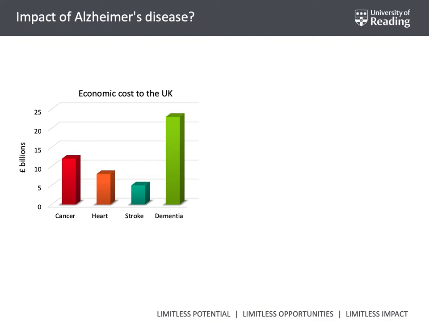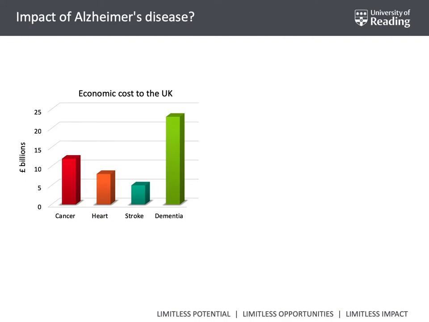So now thinking about the impact, the societal impact and also the economic impact. What does this cost society in essence? What is the burden of dementia or Alzheimer's disease to us as a community as a whole? This is illustrated here in these graphs showing dementia alongside some of the other more widely recognised disorders.